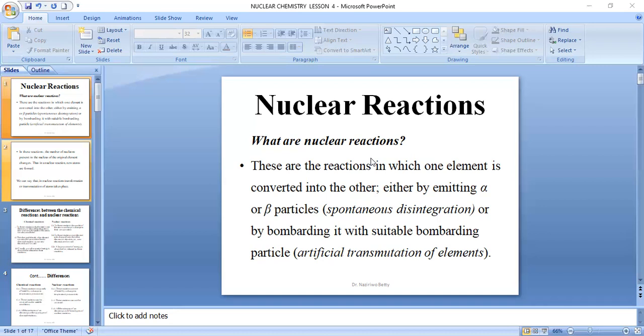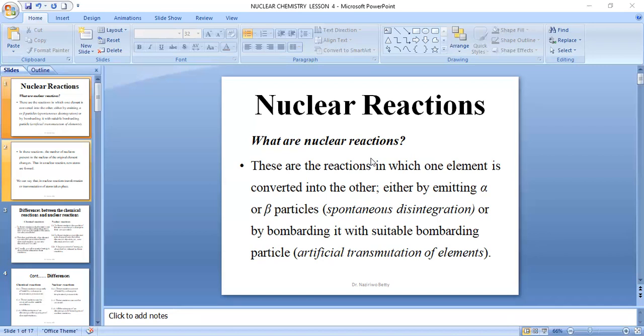nucleus. Today, we are going to look at the nuclear reactions. You can ask yourself, what are nuclear reactions? These are reactions in which one element is converted into another element, either by emitting an alpha particle or a beta particle.